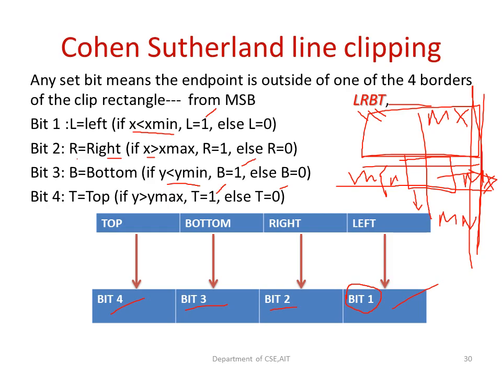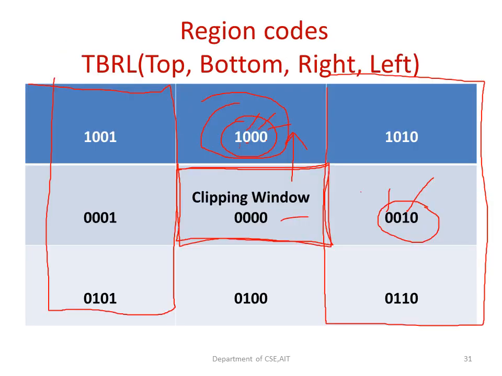In this way, we assign the 4-bit code for all the regions with reference to the clipping window. We know that the clipping window, which is at the center, has its value as 0000.